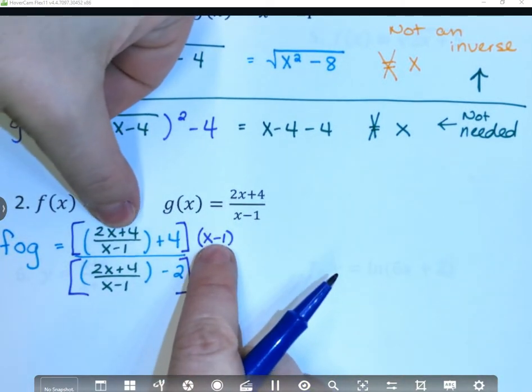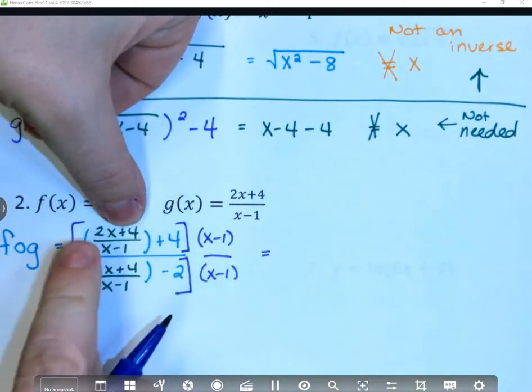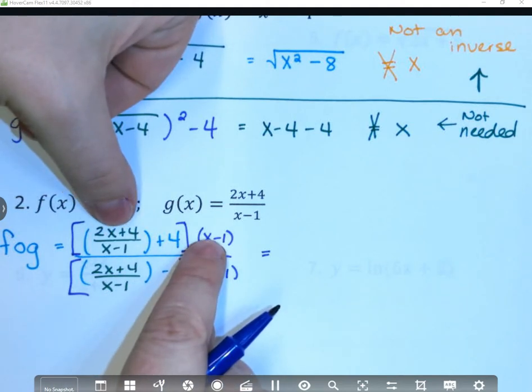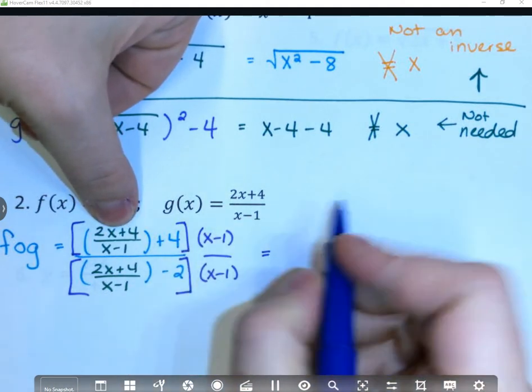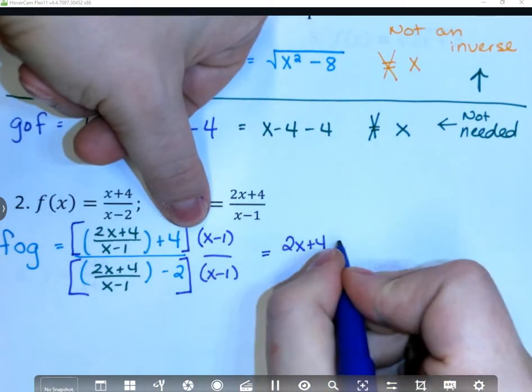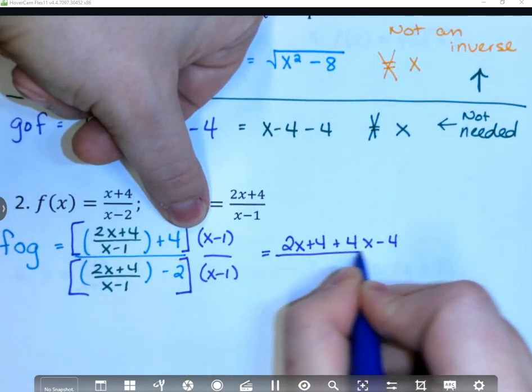That means when I distribute here, x minus 1 times this piece, what is that going to give me? 2x plus 4, very good. Plus 4x minus 4, beautiful.